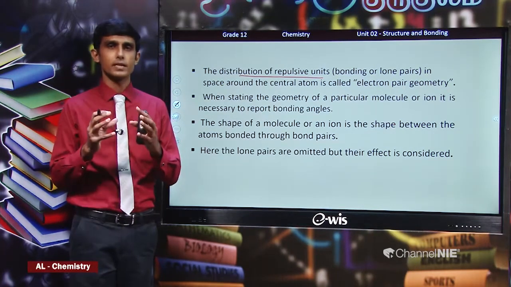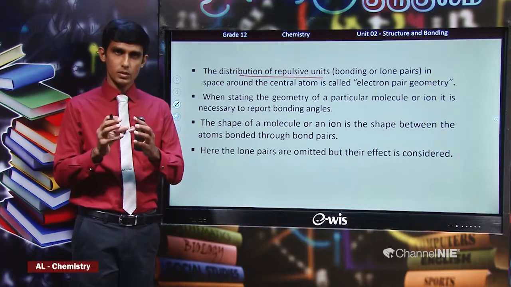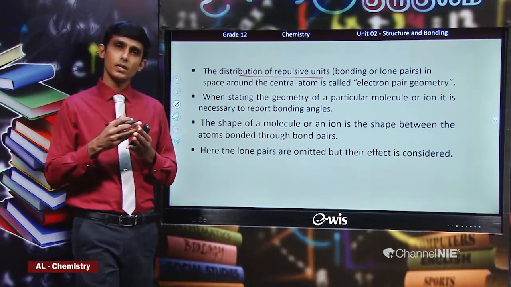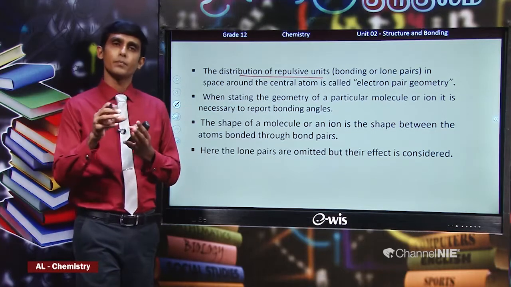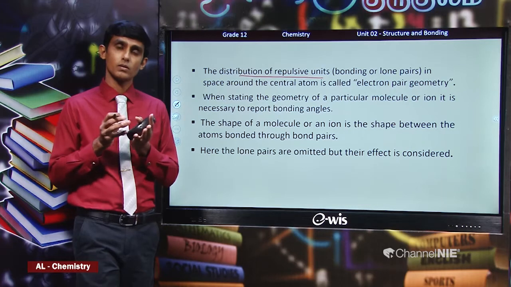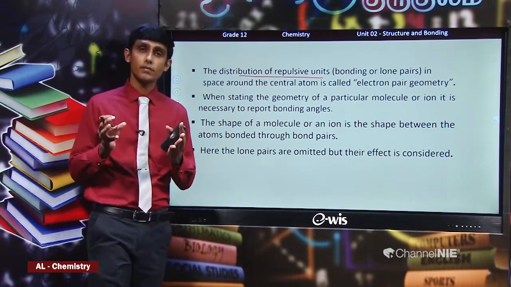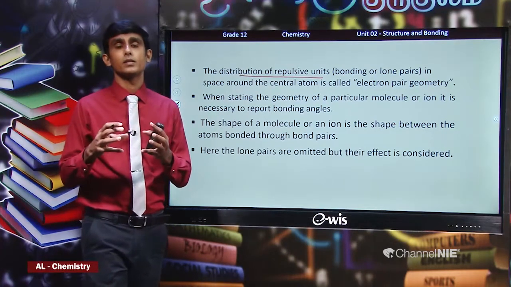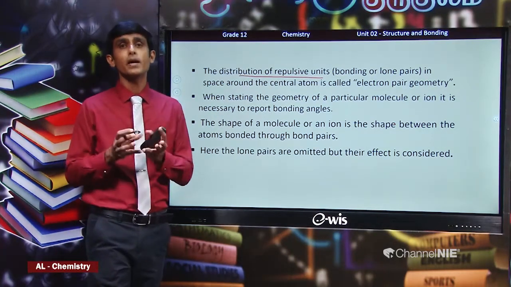Therefore, first thing is you have to draw the Lewis structure, you must know the Lewis structure. Looking at the Lewis structure, around any given atom, most of the cases you are asked to get the shape around the central atom. Around any given atom, you can calculate the number of VSEPR pairs.